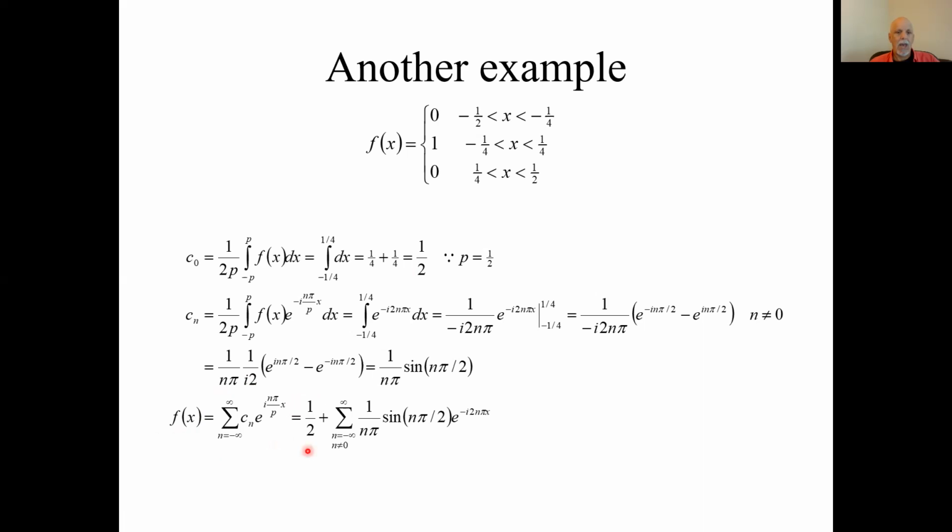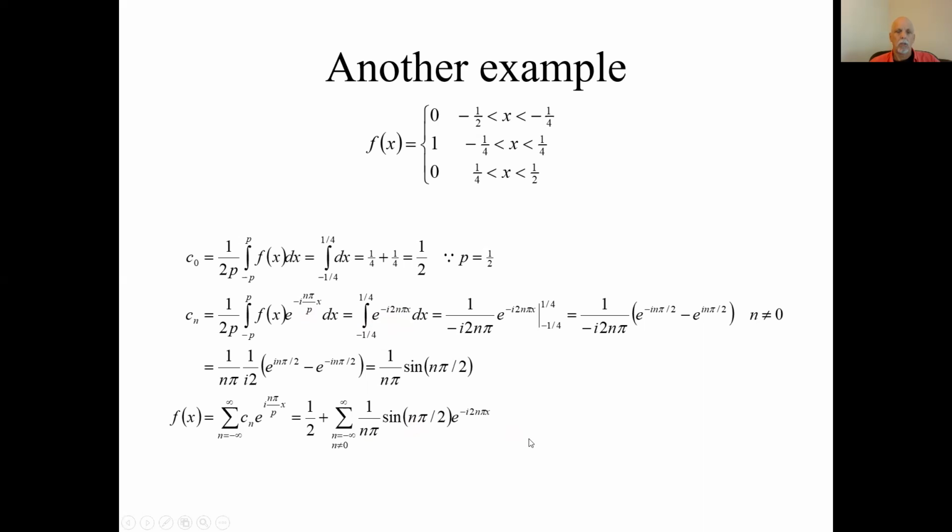It's a half for the n equals 0 case. Then I sum over all the other infinite number of n's except n equals 0. This coefficient times e to the minus, P was a half here. So when I divide by a half, I multiply by 2. That's where I got this exponent there.